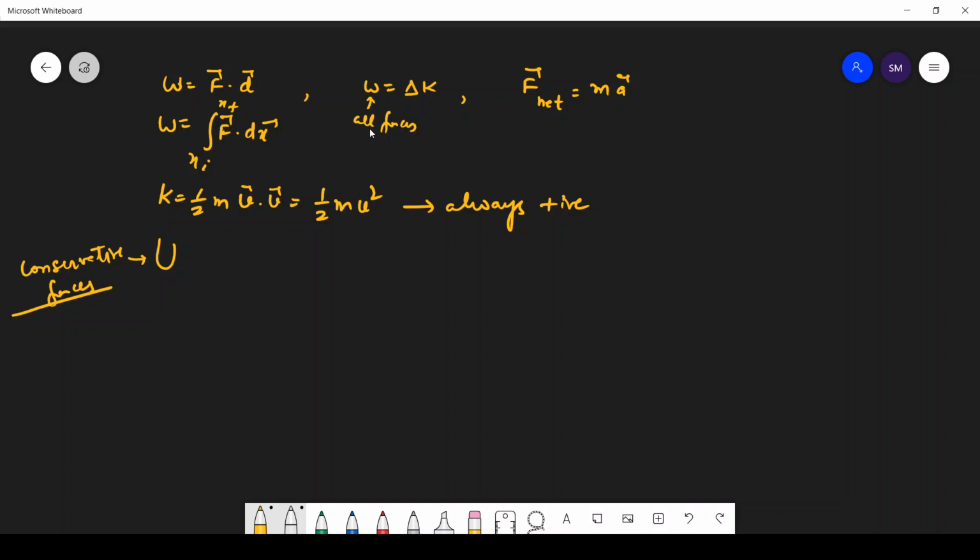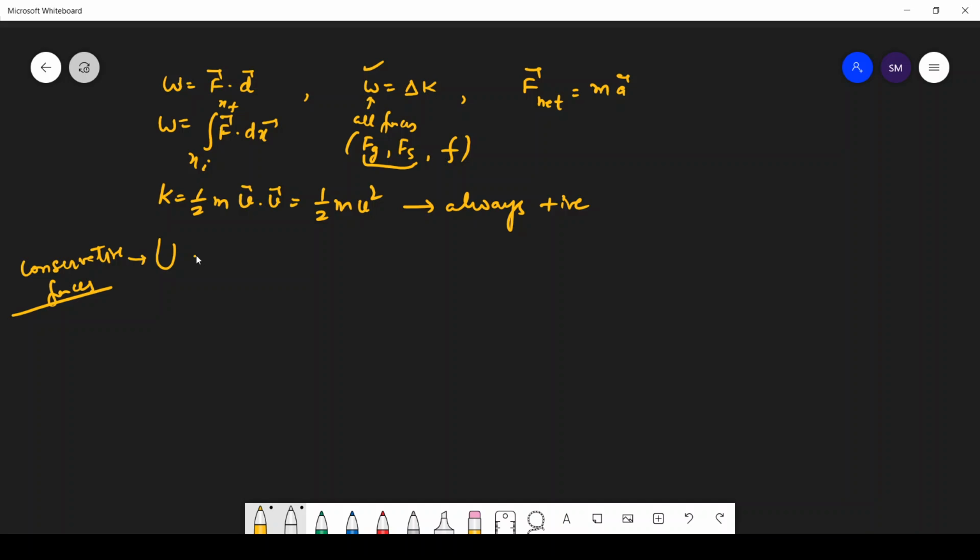This work-energy theorem is for all forces, meaning your Fg, your spring force, which are conservative, as well as non-conservative, your friction force. So the work-energy theorem is for all the forces, but the concept of potential energy is only for the conservative forces.